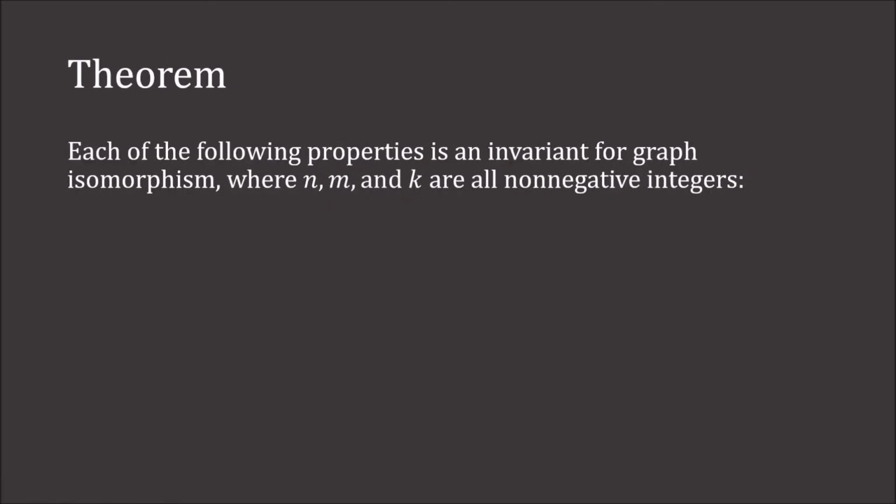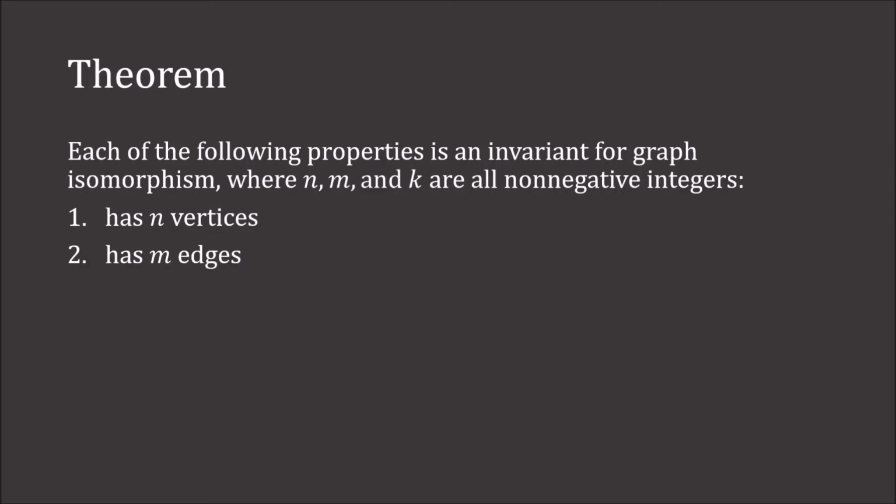So each of the following properties is an invariant for graph isomorphism, where n, m, and k are all non-negative integers. That is, if G and G prime are isomorphic, and G has any of these six properties, then so does G prime. First one has n vertices.